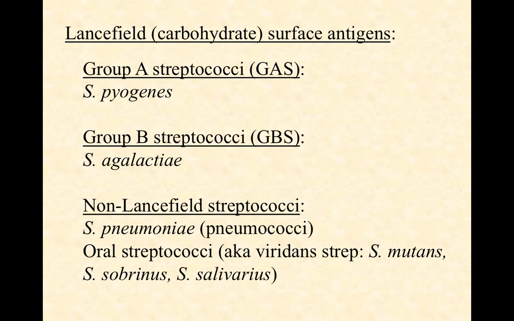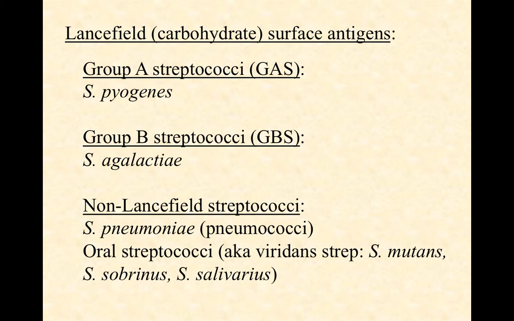And then there are a couple other groups that don't seem to have as much importance in human health. And then there are some that we call non-Lancefield streptococci, meaning that this Lancefield system of using antibodies against carbohydrates on the surface is not particularly effective at distinguishing them. But these are important either pathogens or opportunists. Streptococcus pneumoniae, more often called the pneumococcus, and then the various oral streptococci.